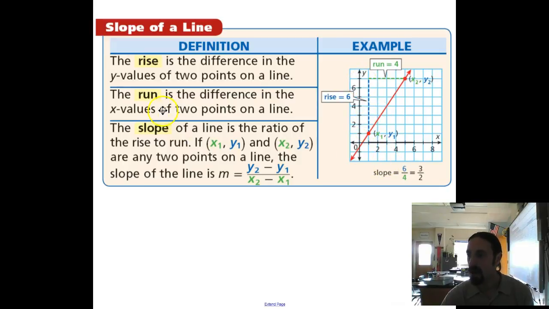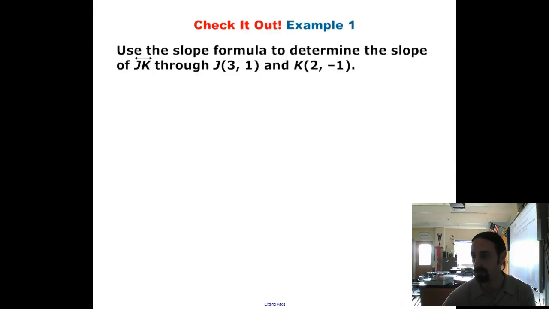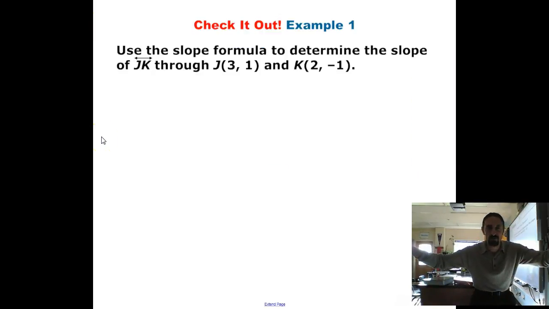You divide it by the run, which is the change in the x values. And the division of those two is the slope. It is the rate of change. It's the ratio of change of rise over run. And I assume you all have been doing this for quite a while, so this is a bit of a review.